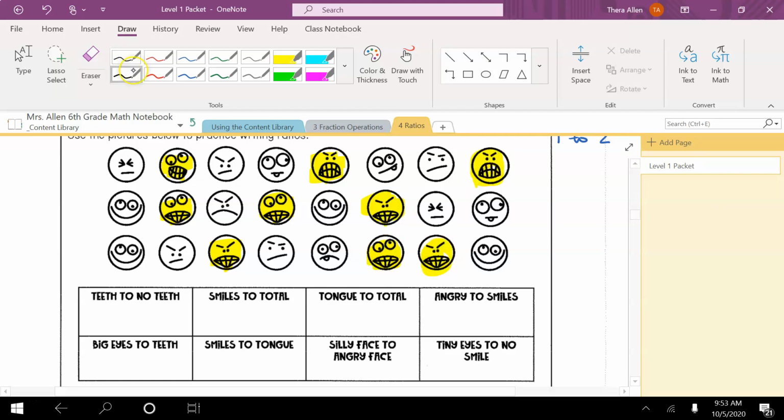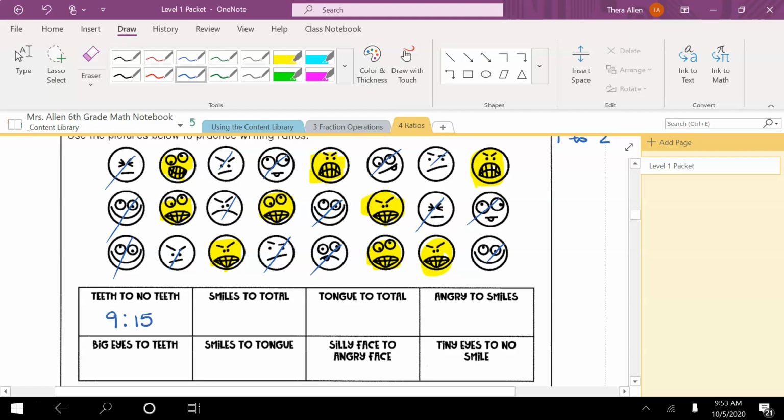We have 9 that show their teeth, so I'm going to write that number first. 9, and I'm going to write these with the colon. 9, and now I need to count the rest. 1, 2, 3, 4, 5, 6, 7, 8, 9, 10, 11, 12, 13, 14, 15. 9 to 15, and that is my ratio.